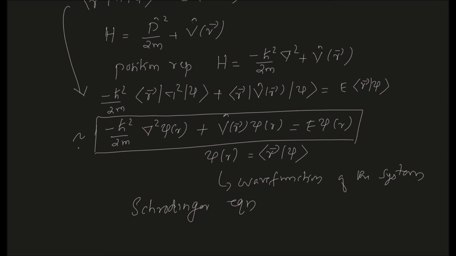The solution of the Schrodinger equation usually yields the energy spectrum of the system as well as its wave function, which we have seen for many examples in the last semester. So this formulation of quantum mechanics in position representation is called wave mechanics.